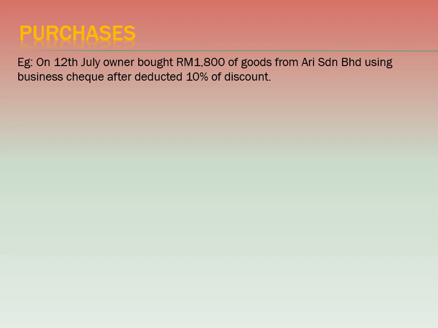And a trade discount we usually do not record, so you just take that particular amount and ignore the trade discount. Okay, the next day, another transaction of purchasing goods. The next day, purchased 700 ringgit of goods from Tesco by cash.